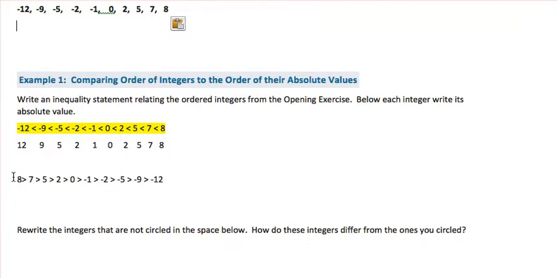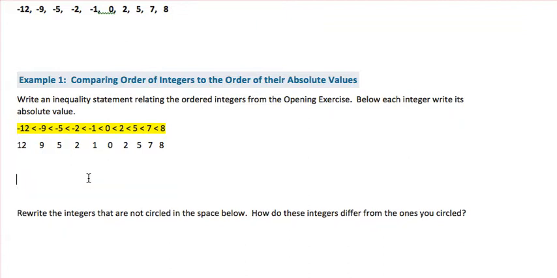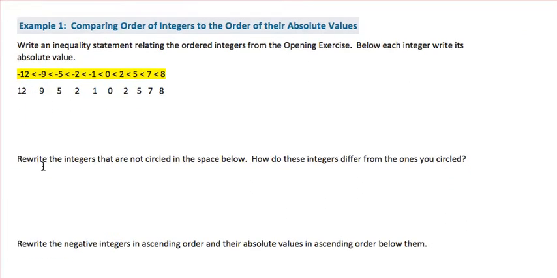And then underneath the inequality statement, we were asked to write the integer, to write its absolute value. Now, in the second question, there's a follow-up question in between there.